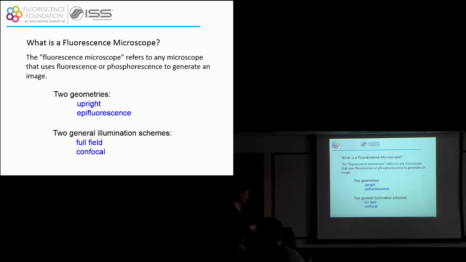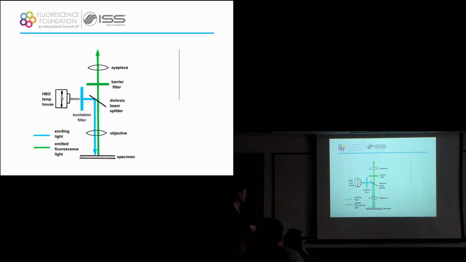There are two general geometries for the fluorescence microscope, an upright and an epifluorescence. And this is the general schematic of a fluorescence microscope. So we have a light source, and the light is sent out to this optical device called a dichroic beam splitter. And this has the particularity of reflecting the excitation light down to the specimen.